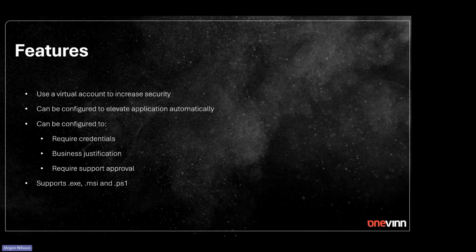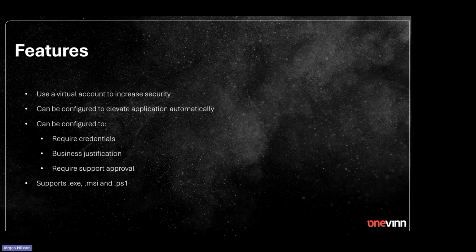Is it just for fun or is there actually a purpose behind it? And we can also require support approval, so there's a task showing up in the Intune portal that a specific user wants to elevate a specific file. It supports installers, MSIs, and PowerShells at this point in time as elevation handlers we can hook into.